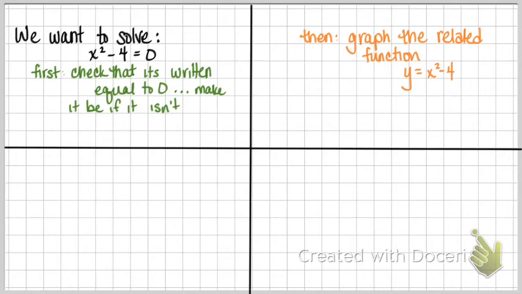Now, from everything we've looked at with graphing, we know that x squared minus 4 is nothing more than the parent curve moved down 4 spaces. So if we take a second, we plot that vertex, we use the shape of the parent curve to find some other points, we use the axis of symmetry to reflect those points, ultimately we get this curve. Now, we said before, we're looking for the x-intercepts.